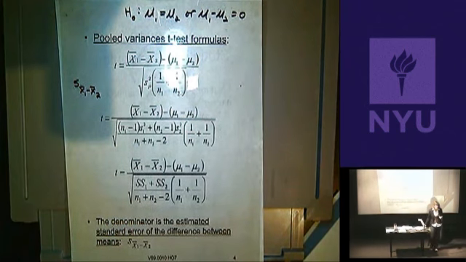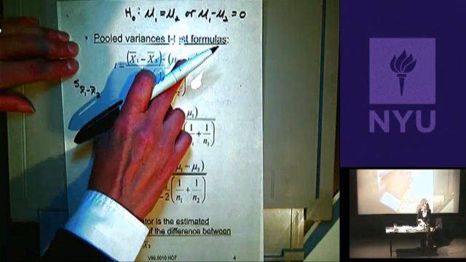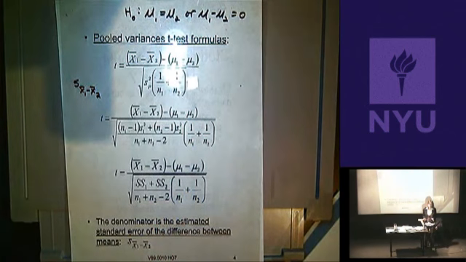Sometimes we hypothesize a particular difference. Like if I'm hypothesizing a difference in weight between men and women, I might hypothesize a 30-pound difference. If I'm hypothesizing mu1 minus mu2 equals 30, then I would put that 30 in here. But usually it's 0.